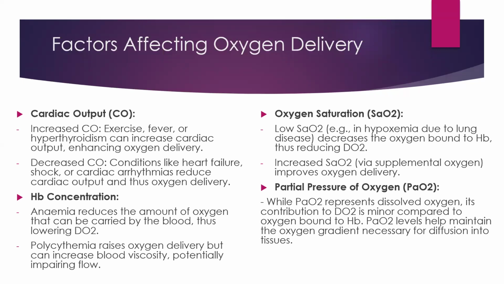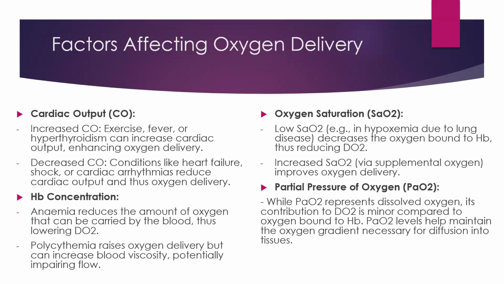Polycythemia, on the other hand, with increase in hemoglobin concentration, will also lead to increased oxygen content, but this can lead to what we call stagnant hypoxia, because there's increased blood viscosity leading to impaired flow.